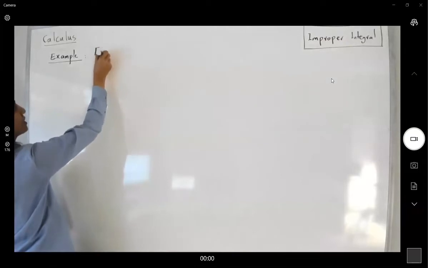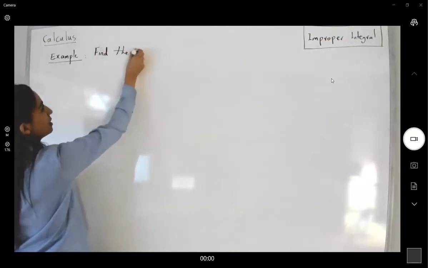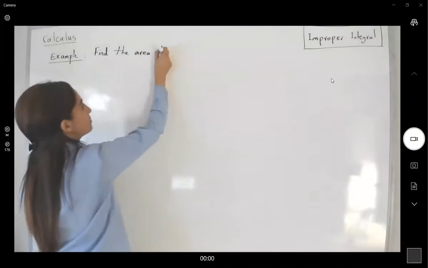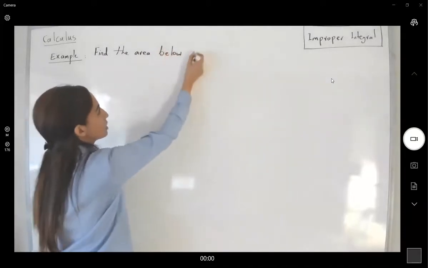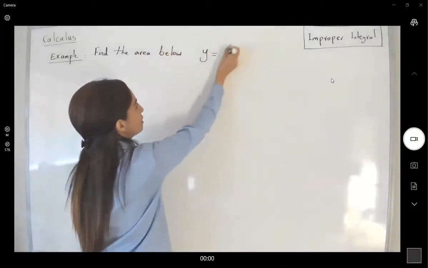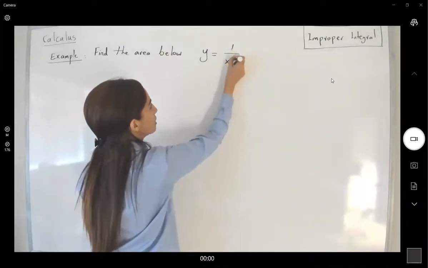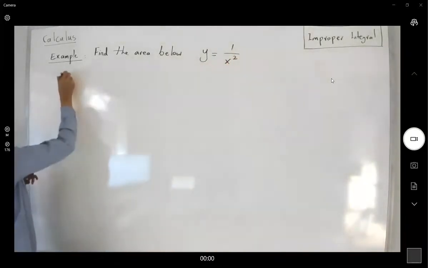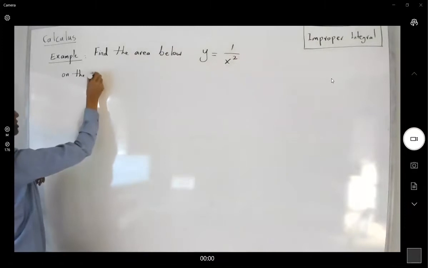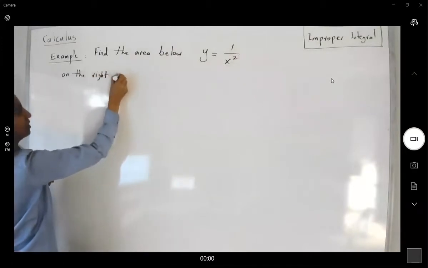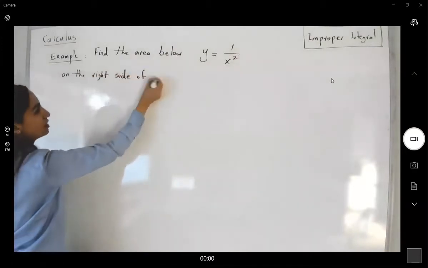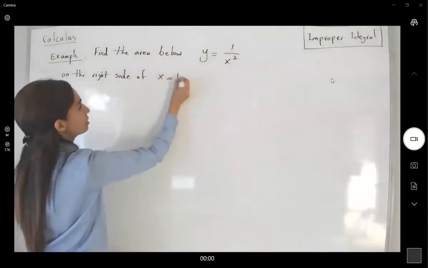So the question is, find the area below the function 1 over x squared on the right side of x equals 1.